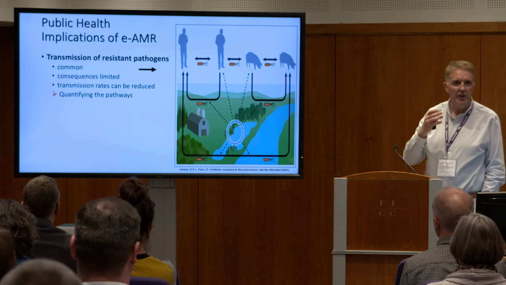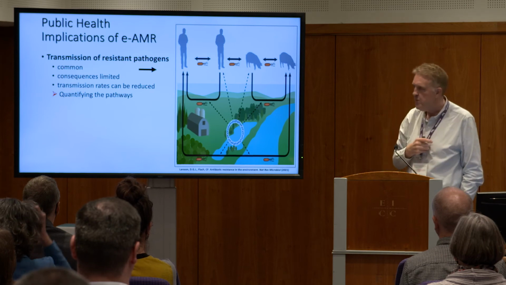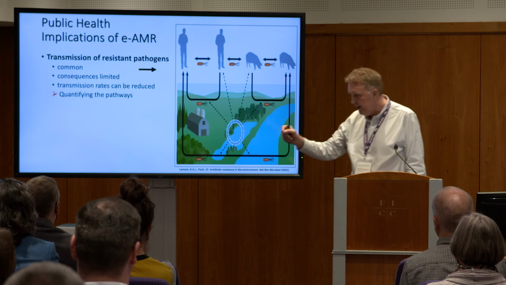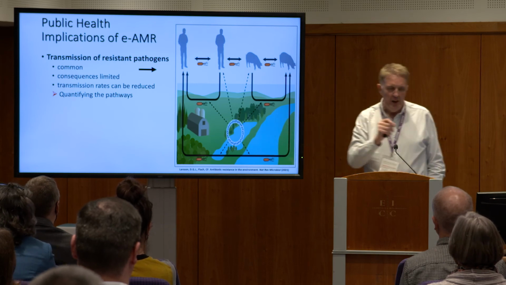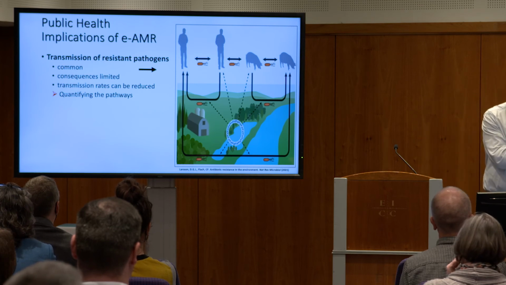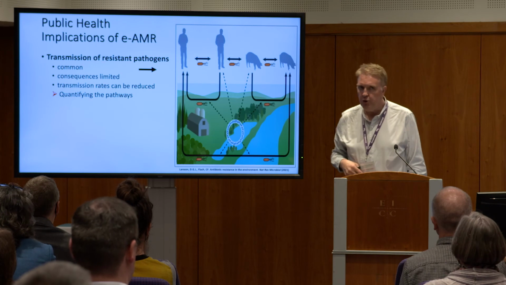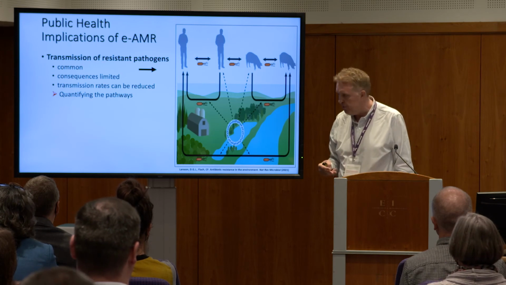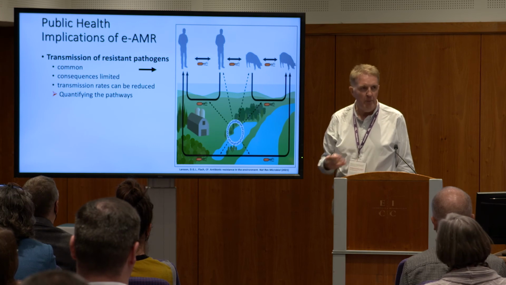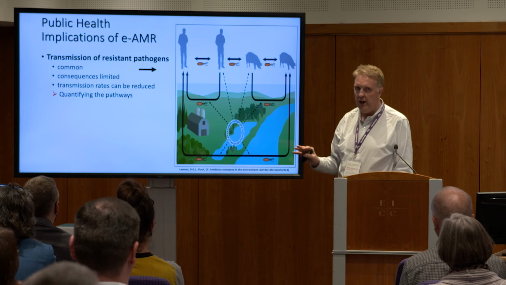Its consequence is limited because it'll happen to individuals here and there. Actually proving it is very, very hard. You would need to find the environment where the person swam. You would then need to test them that they had this one, and you would then need to follow them to see if they got an infection to really impact them. Those surfers in the beach bum study, they probably have them in their microbiome, and it probably may not cause them any problems for their whole lives.